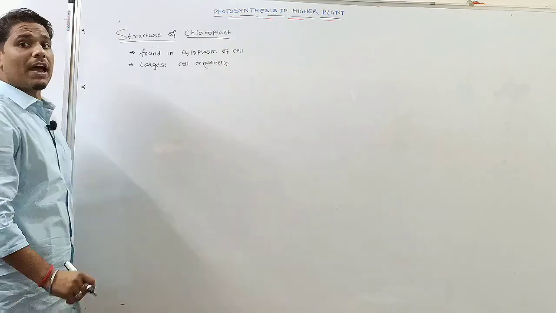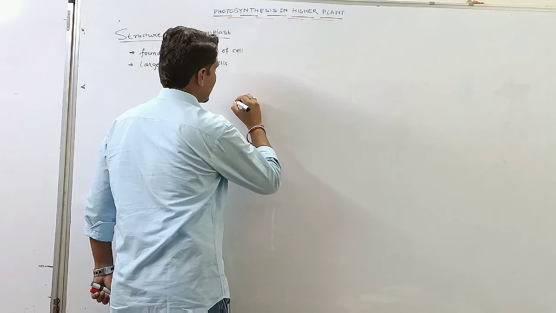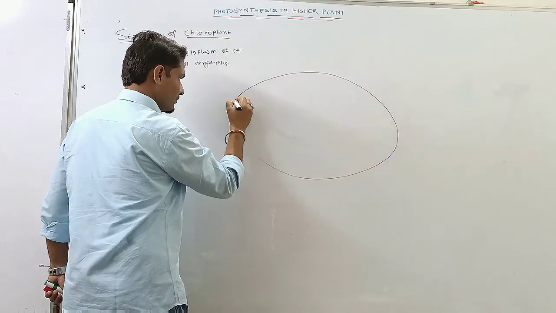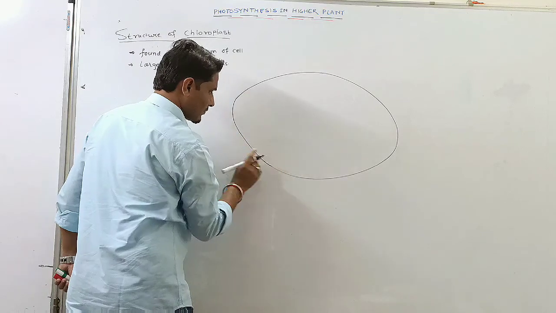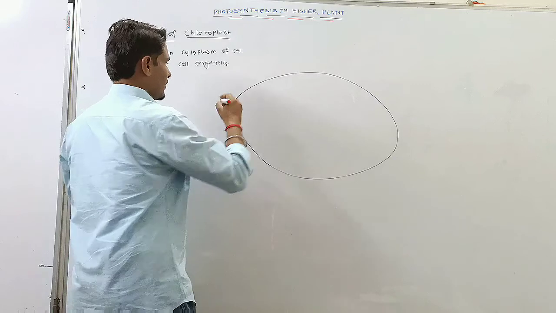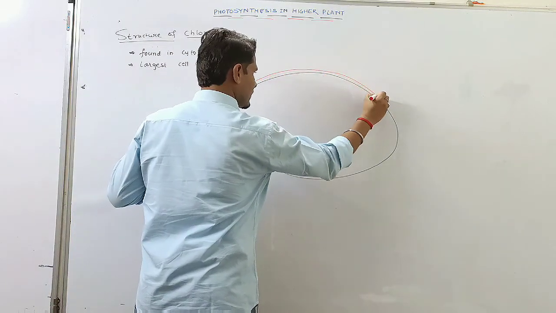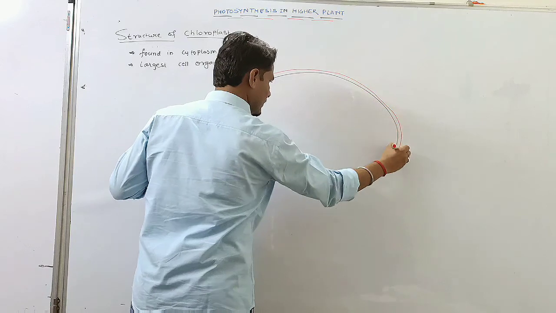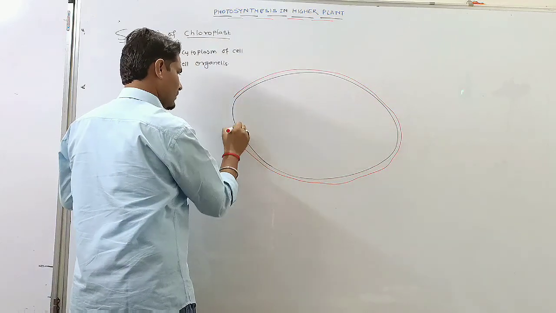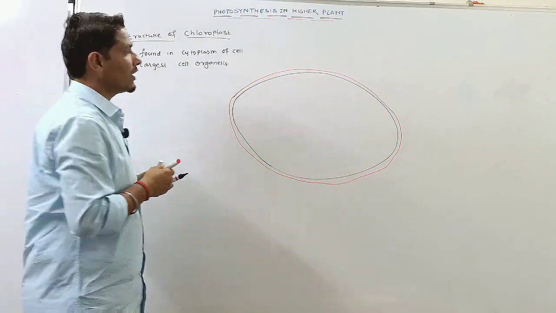Okay, so chloroplast is a double membrane bounded structure. So we draw the double membrane. Chloroplast, double membrane bounded structure.